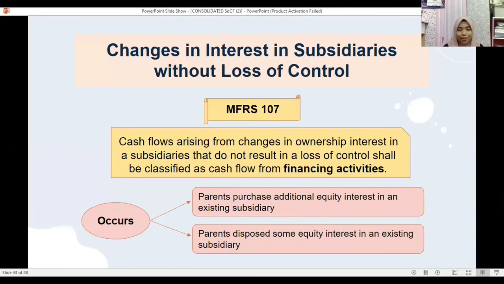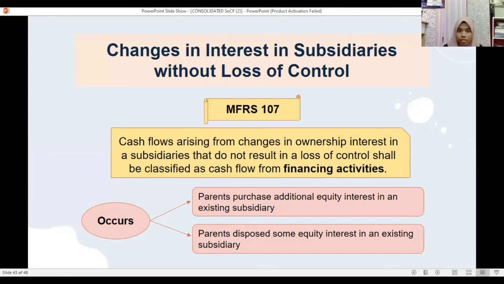Okay, now I will continue with change in interest in subsidiary without loss of control. Under MFRS 107, cash flow arising from change in ownership interest in a subsidiary that does not result in a loss of control shall be classified as cash flow from financing activity.